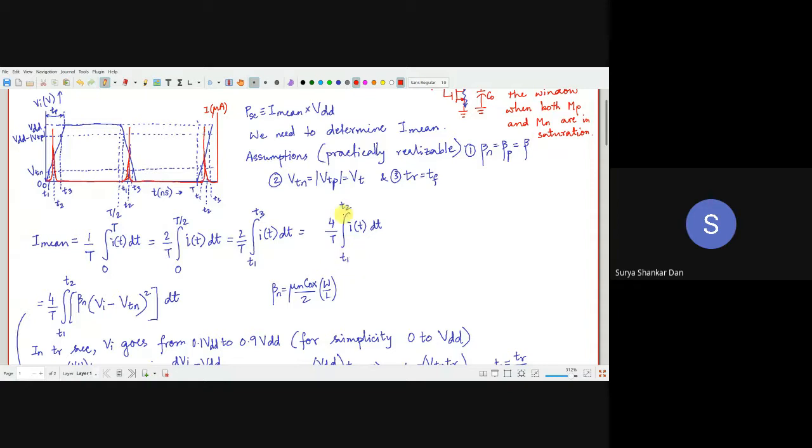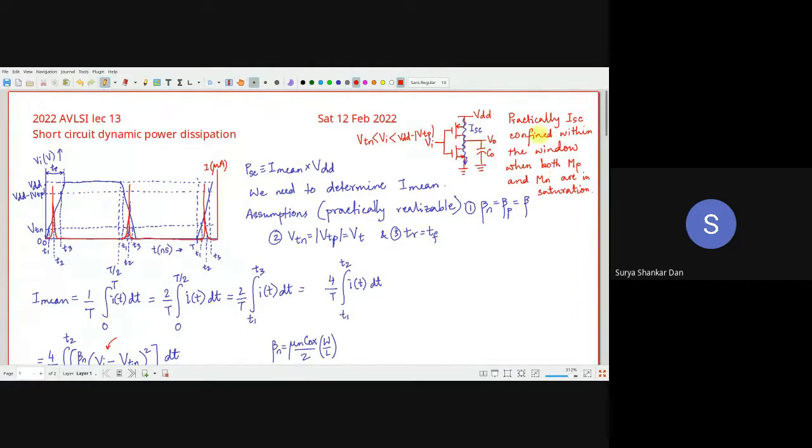All right, so T1 to T2 यहाँ पर 4 by capital T IT हो गया. ओके अभी IT का कौन सा इक्वेशन लोगे? वेरी सिंपल, सैचुरेशन वाला लेंगे. क्यों लेंगे सैचुरेशन का? Because of this. Practically the short circuit, most of the part of the short circuit current is confined within the range where both the transistors are in saturation.